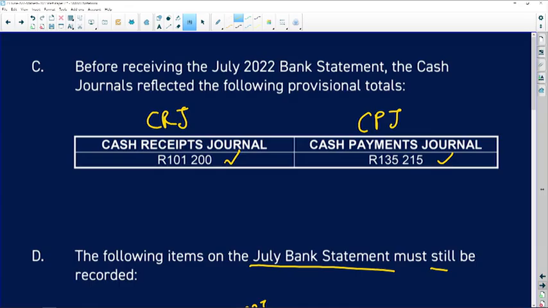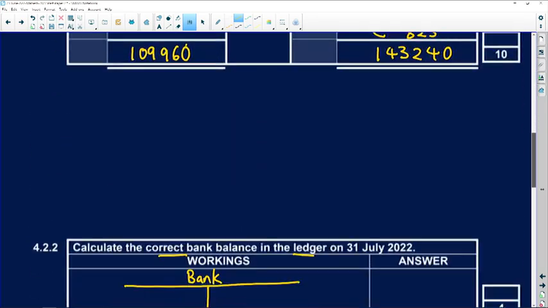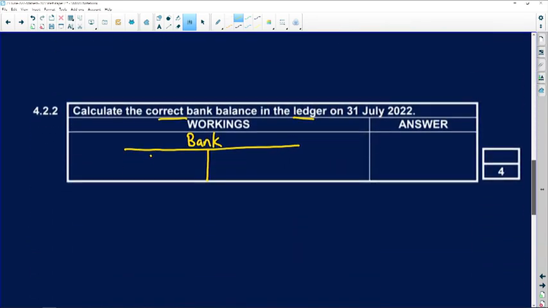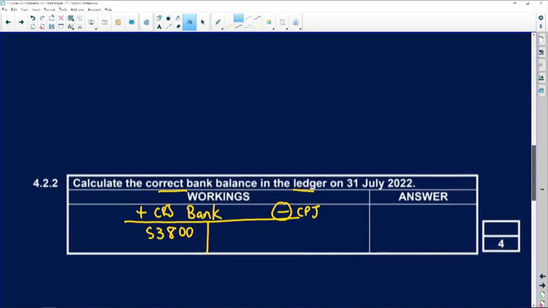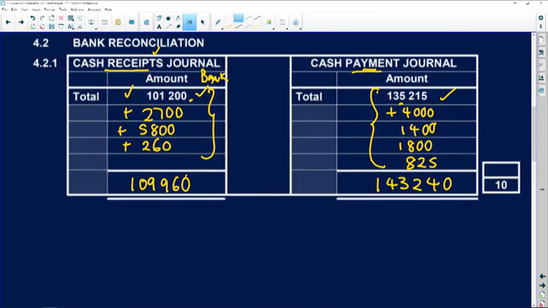Okay, so let's take that through to our answer booklet. Right, my opening balance 53,800. So to this balance, I'm obviously going to add my cash receipts total, and I'm going to subtract my cash payments total. So remember, we updated our journals a few seconds ago.